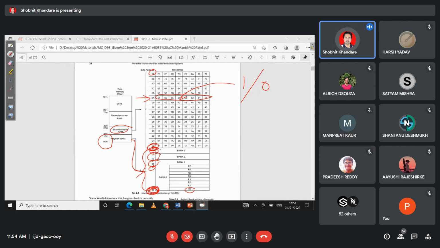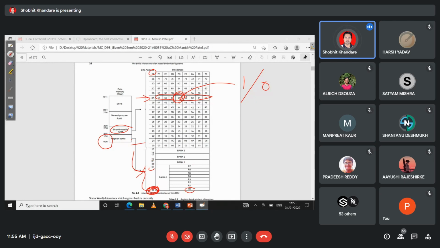And that is possible because this area is bit addressable. Because every bit has an address. If I ask you, tell me the address of this, it is what? It is 54. How do you get 54? See here now.